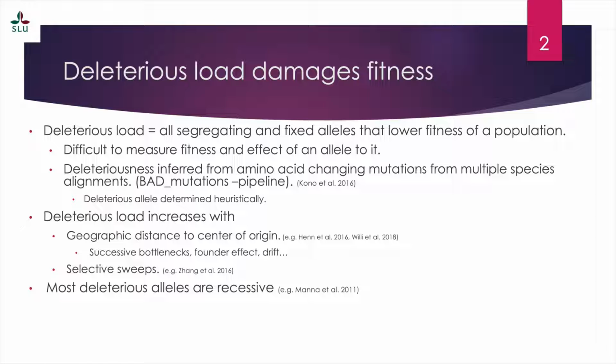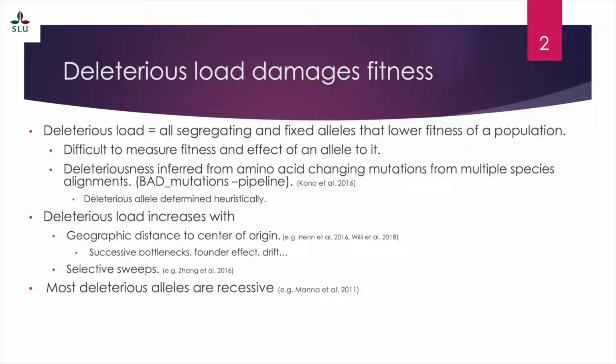Deleterious load has also been found to increase with geographic distance to the center of origin, whether that be the population origin or the species origin. This is caused by the successive bottlenecks, founder effect and drift that accumulate during the range expansion.